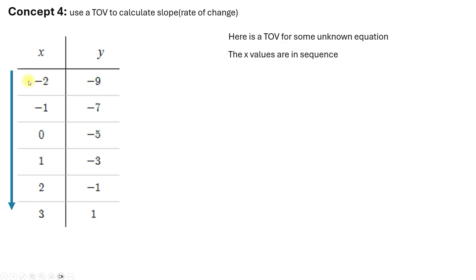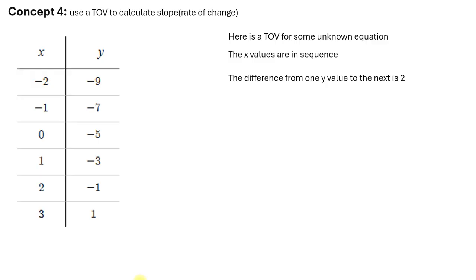As we can see here, -2, -1, 0, 1, 2, 3. The x values are all written in sequence. Now, we're given the y values as well. -9, -7, -5, -3 for the respective x values.